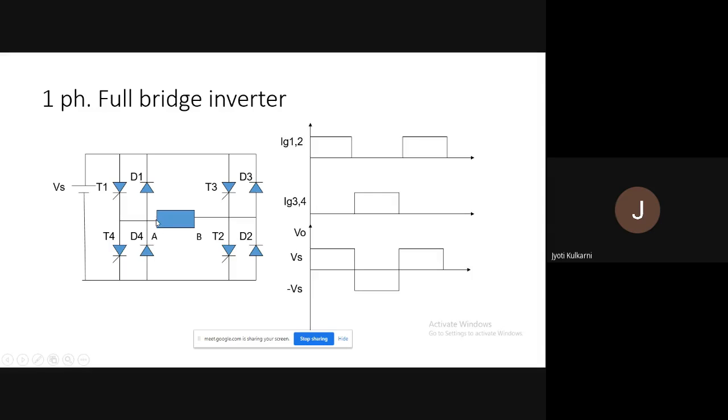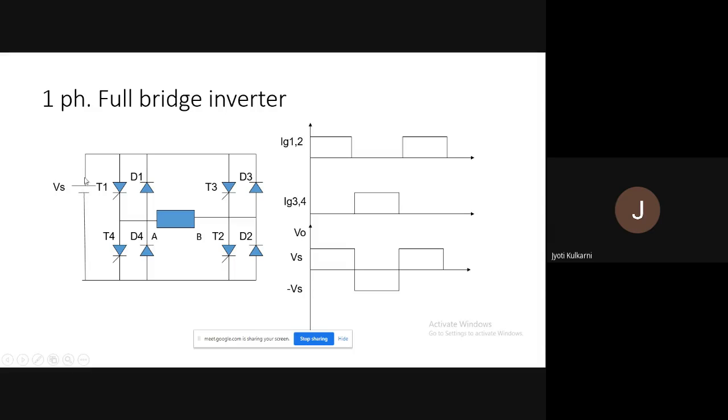From A terminal to B terminal of the load, then from B to another junction point. Then T2 is under conduction mode, so it goes to the T2 anode, through T2 to the T2 cathode, and back to the negative plate of the supply. And the circuit completes.